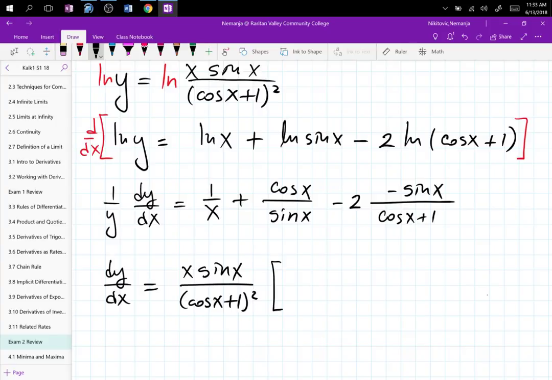We have 1 over x plus cotangent x plus 2 sine x over cosine x plus 1.